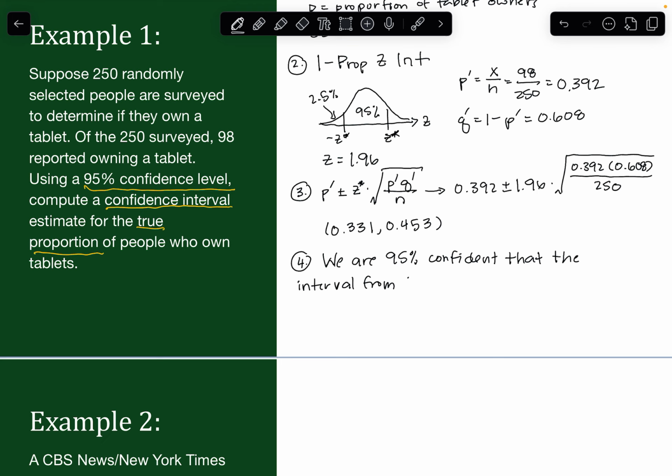So the interval from 33.1% to 45.3% captures the true proportion, and now I'm going to grab from the word problem, the true proportion of people who own tablets.